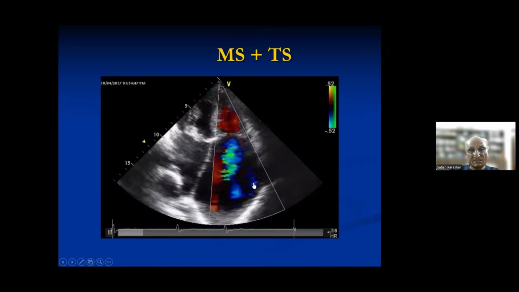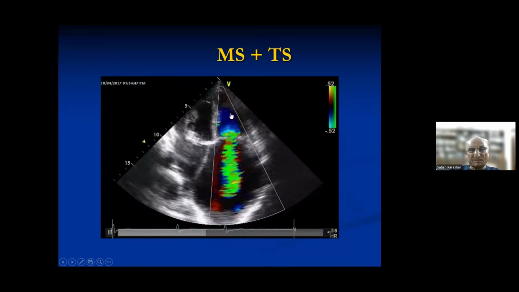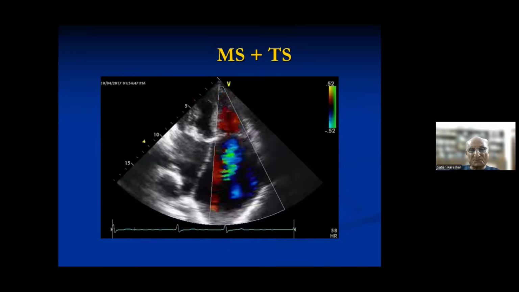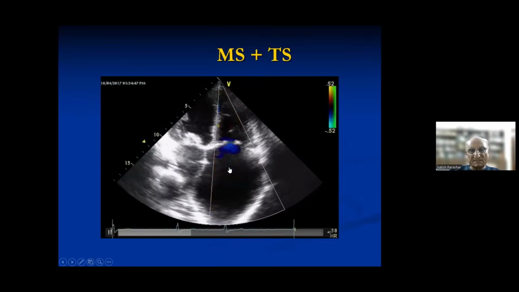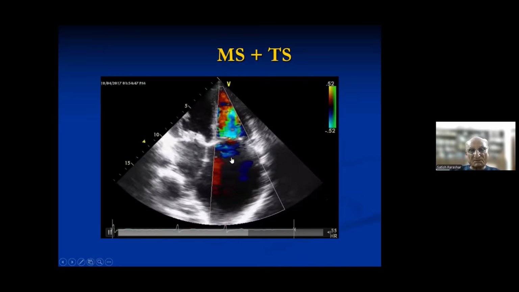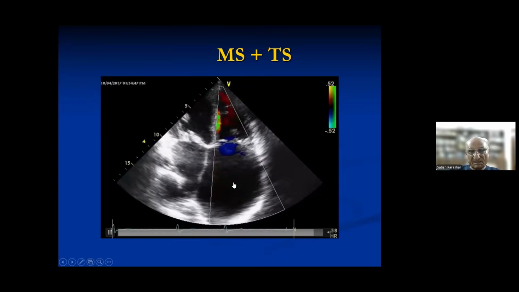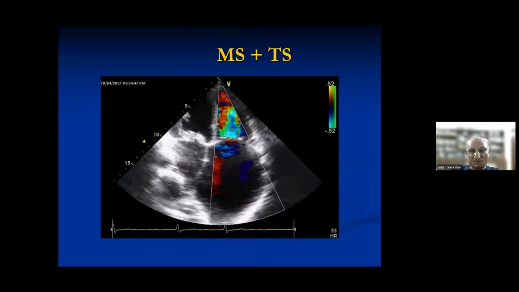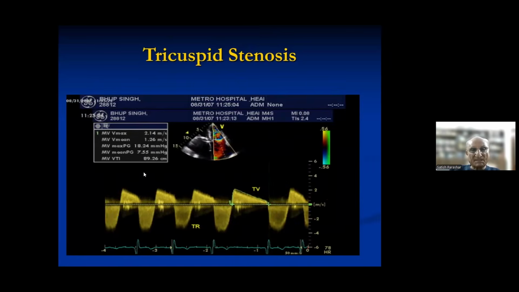And again, you see there is a turbulence. I told you when we were doing color flow mapping that any diseased flow shows a turbulence, and this is a tricuspid regurgitation, because this is the tricuspid valve, and the flow comes away from the transducer. So this is a tricuspid regurgitation. And then we take a CW across it.